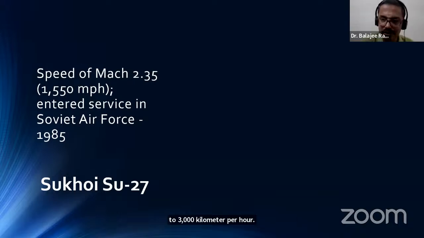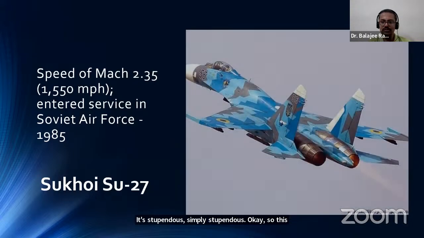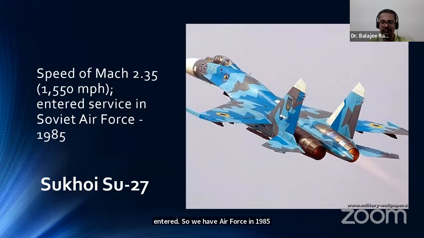If you put your thought to it, you could travel from here to Delhi in 1 hour. Don't take it for granted. If you want to know the science and technology behind it, it's simply stupendous. This entered the Soviet Air Force in 1985. Now India also has this aircraft. This is a fighter aircraft in which plenty of technology has gone in.